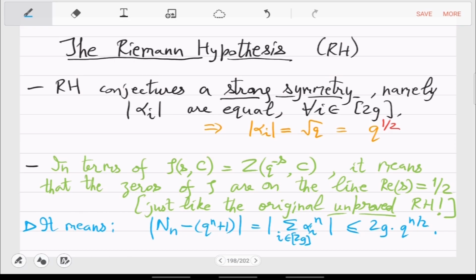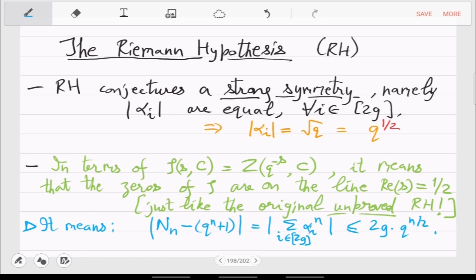No, so s is equal to a plus ib. Q raised to a is the... I mean, we have shown that, it should follow from here. It should follow, right? Because it's happening in the exponent.